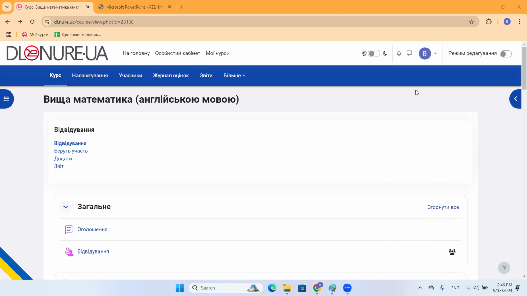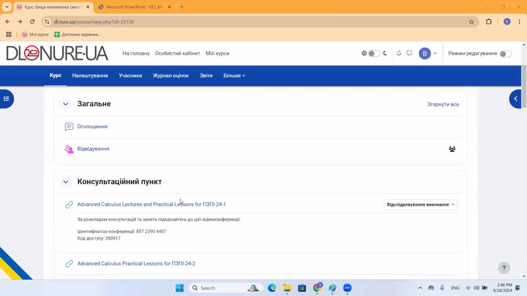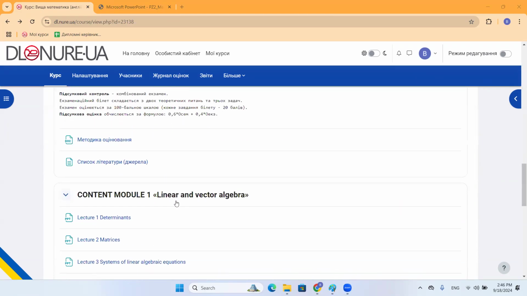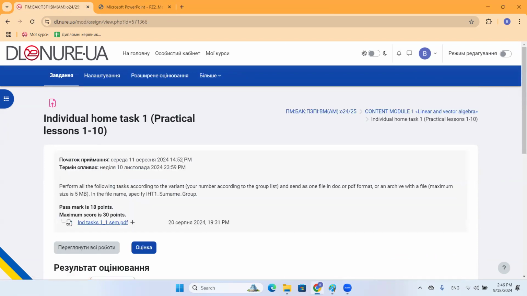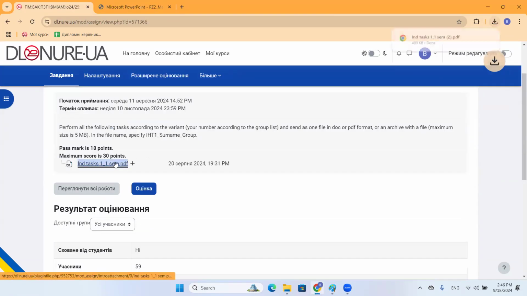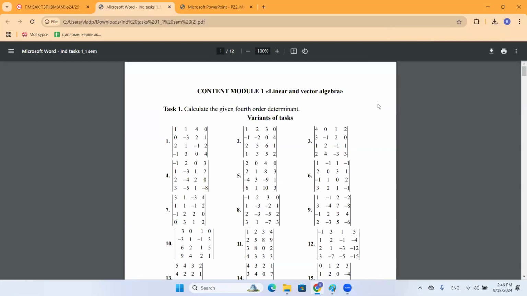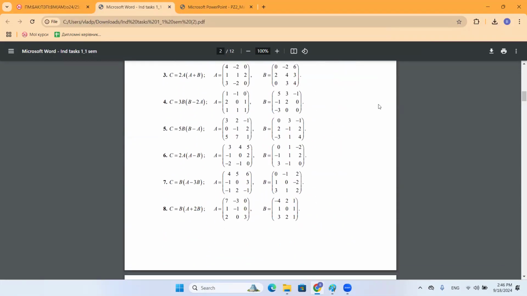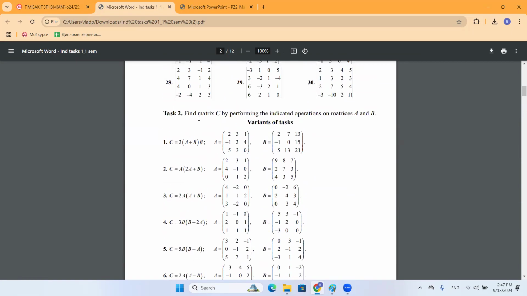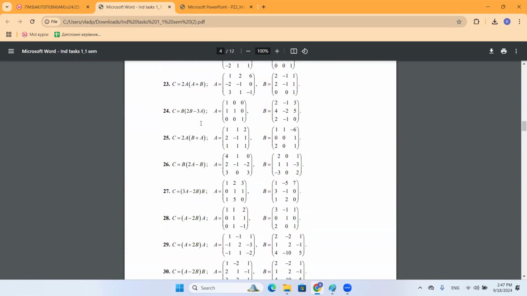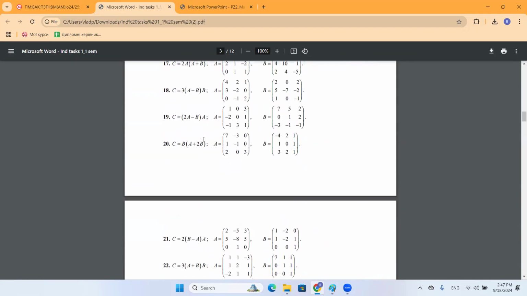No questions. Okay, so after this lesson you can start doing your individual task for matrices. This exercise 2, for now just exercise 2.